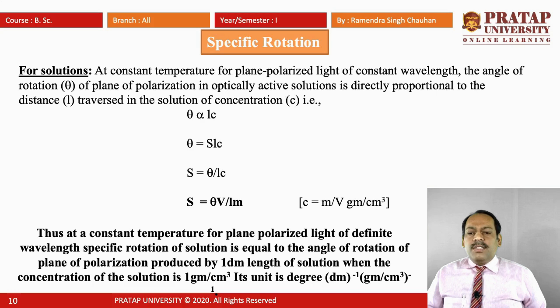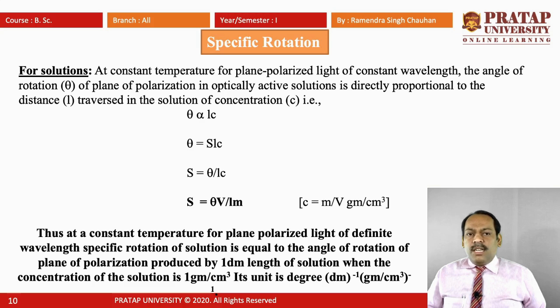So here we can see S is equal to theta V upon Lm, where theta is the angle of rotation of the plane of polarization, V is the volume of the solution, L is the length in decimeters, and m is the mass of the solution.